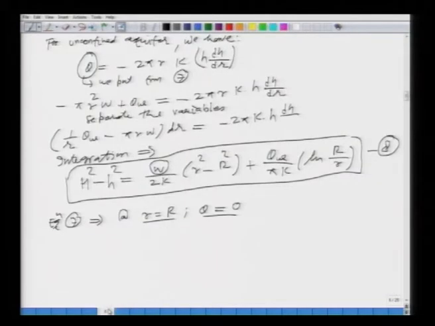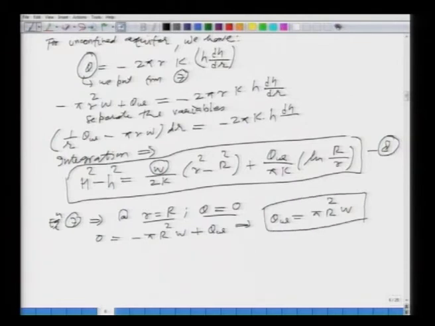If you did that, you will have 0 is equal to minus pi capital R square w plus q w. That means your q w is equal to pi capital R square w. That will be the pumping rate, or the discharge at the well, which can then be used in this equation.